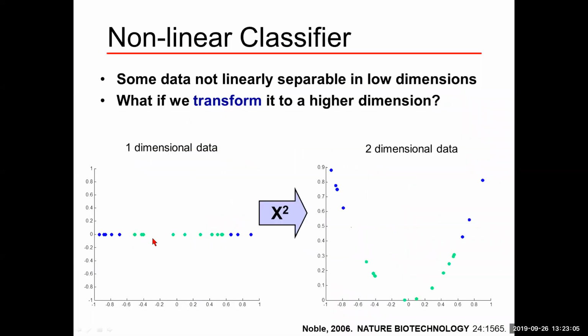For example, if I'm trying to find a function that distinguishes the green points from the blue points here, I can't do it in this particular space. However, I can look at the 2-dimensional space that includes both x and x squared. If I compute x squared, I can then find a very simple discriminative line that separates the blue points from the green points. Okay, who's with me here so far?